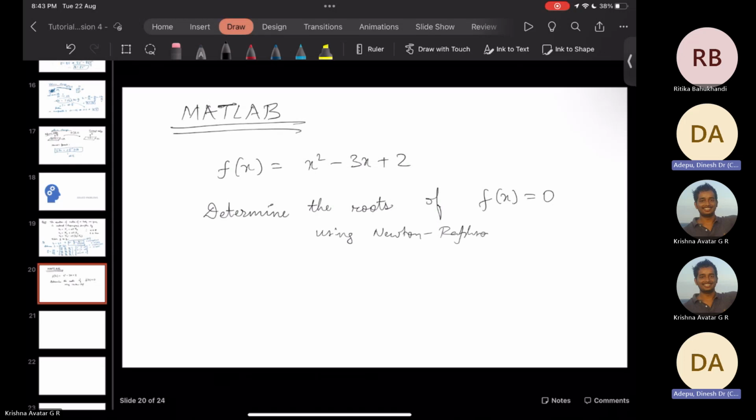What Ritika is saying is she wants to move this Python MATLAB session to next week. It might be too intense for us to watch. What do you say about that, Ritika? You're saying that we will move the MATLAB thing to next week, right?